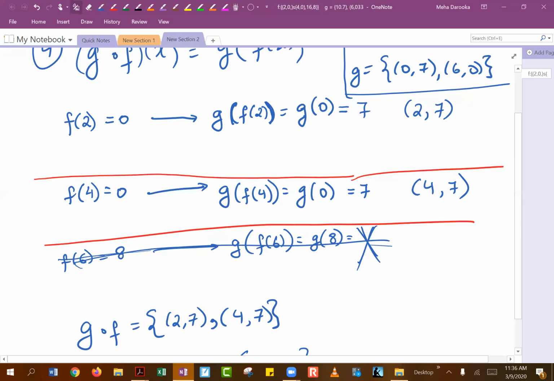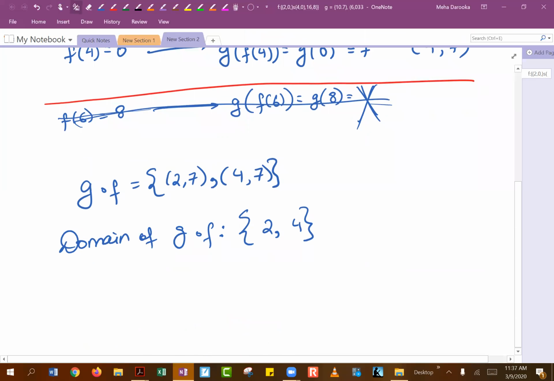Okay, so again, remember, starting with a set of ordered pairs is just to show you how we go from one function to the other, what works, what did not work, you leave it out, and then how to come up with your domain. Since I only have 2 ordered pairs in my composition, I have 2 x values and 2 y values. So my domain would be 2 and 4.